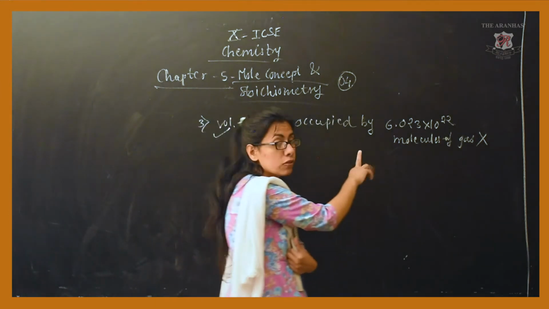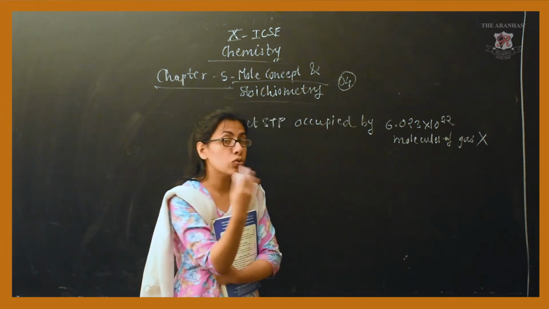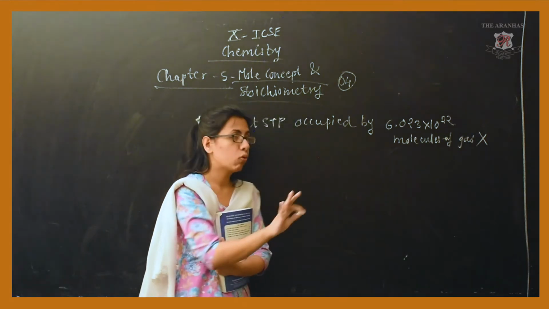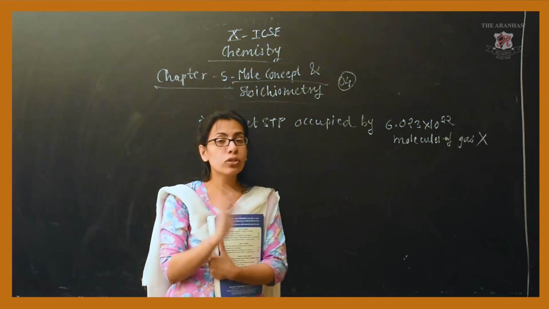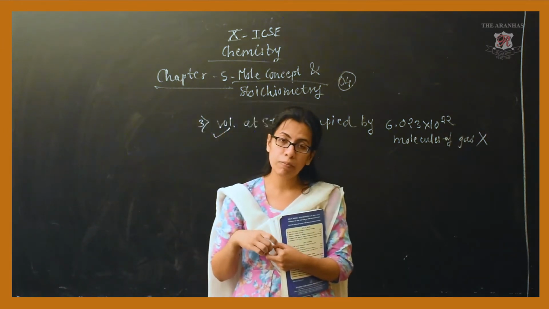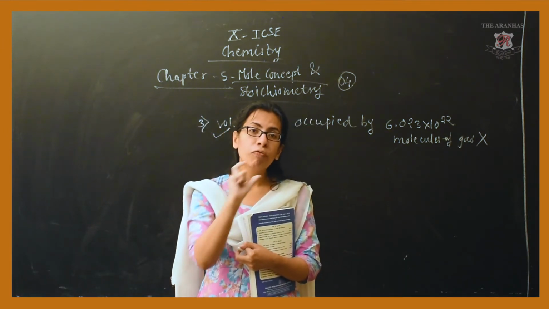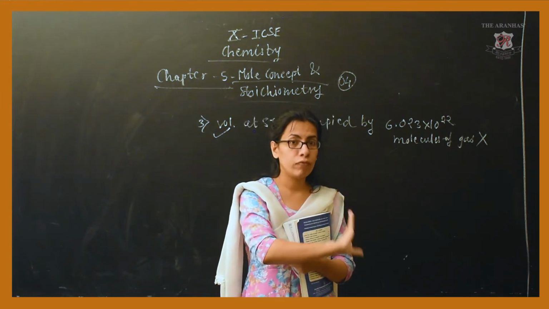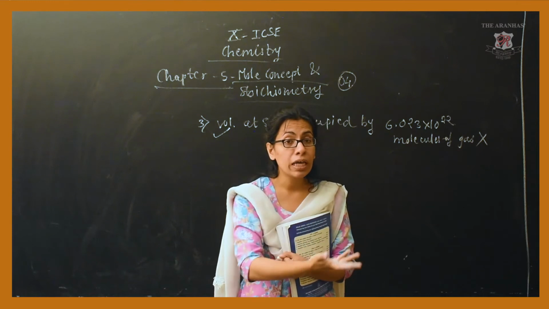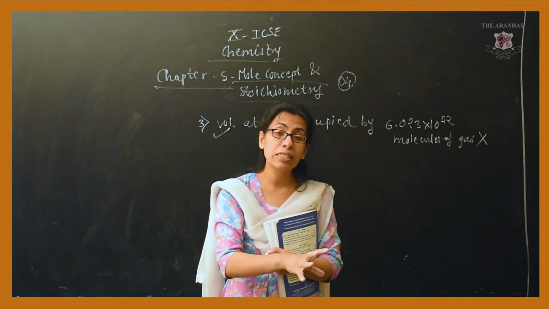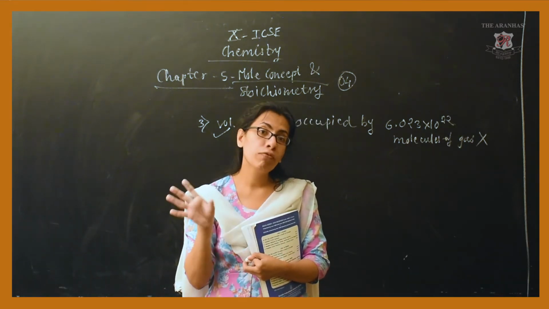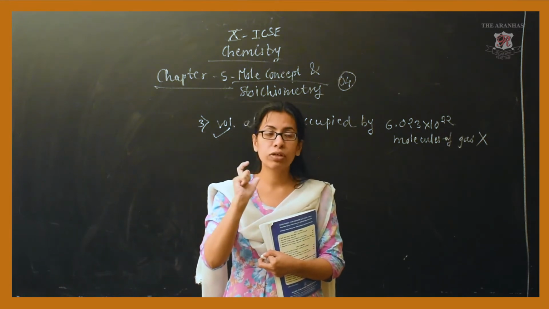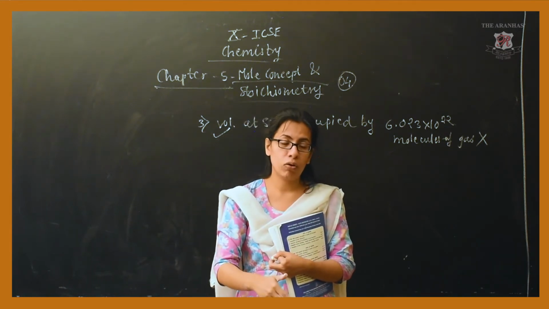So these molecules are different; this is 10 raised to 22. Now, let us use one more relation. 1 mole of any gas is equal to its molecular weight, and it occupies how much volume at STP? 22.4 liters. Okay, these are the relations we are looking at right now.